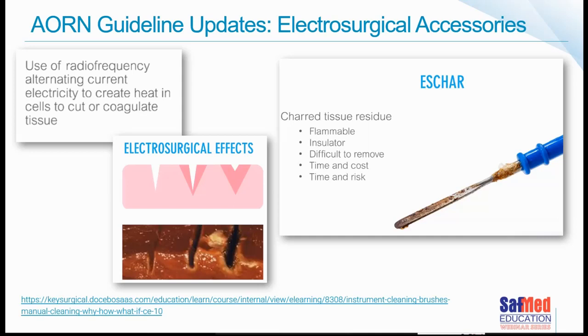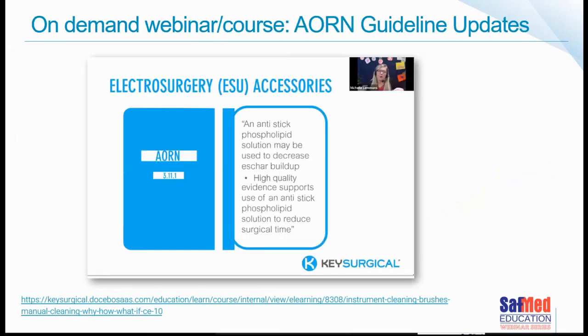We've gone through all of the risks associated with smoke already. So as a result, what the AORN are now recommending is that an anti-stick phospholipid solution may be used to decrease eschar buildup. And that high quality evidence supports the use of an anti-stick phospholipid solution to reduce surgical time. So at the end of the day, it reduces time and it reduces risk.